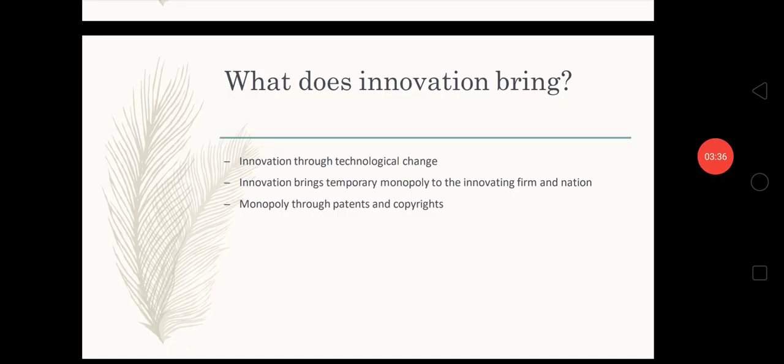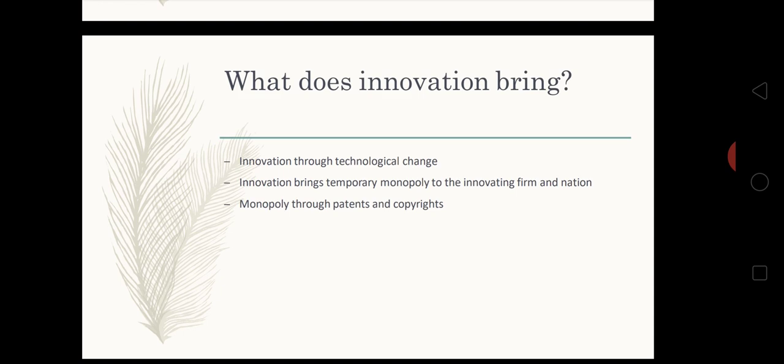So what does innovation bring in a nation? Innovation will be brought by technological change. When a nation experiences some technical development, technological improvement, then the nation will introduce some innovation. Innovation in fact brings a temporary monopoly to the innovating firm and innovating nation.